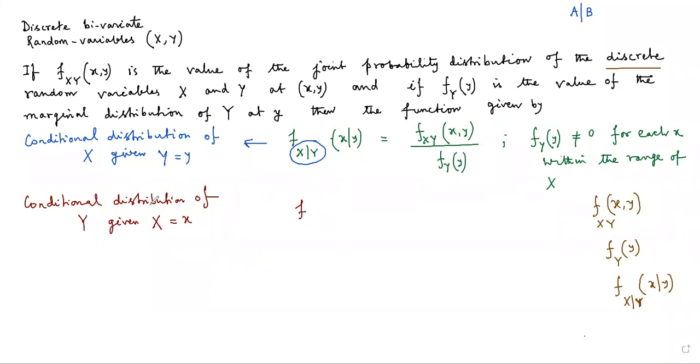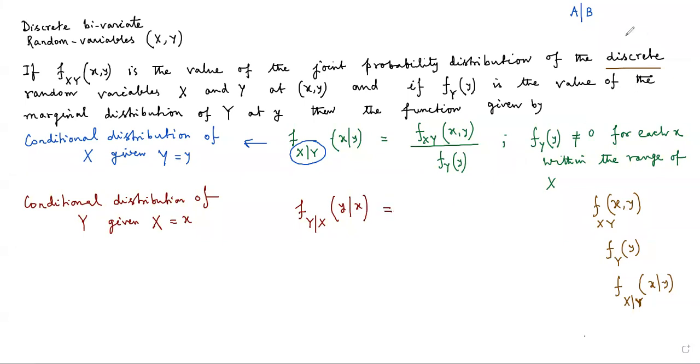First of all, I want to find the conditional distribution of Y given X. So I will write the mother variable as Y given X. This is the name of the function. This is the notation. Its points will be of this type, y given x.